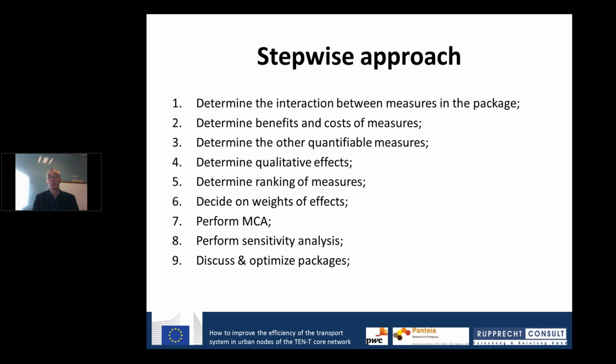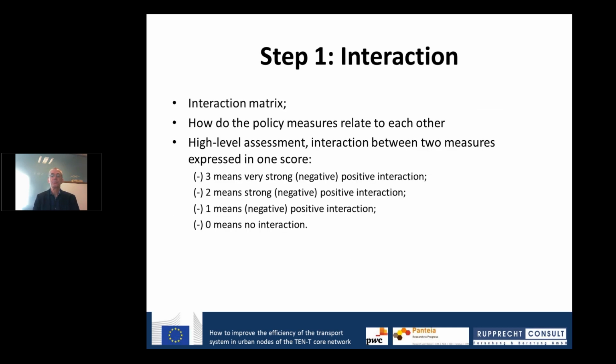In the sixth step, we decide on the weights that we need to use. And in the seventh step, we perform a multi-criteria analysis. In the 8th step, we perform a sensitivity analysis, and in the 9th step, we will discuss and optimize the packages. Now, we'll explain these different steps in the next slides.